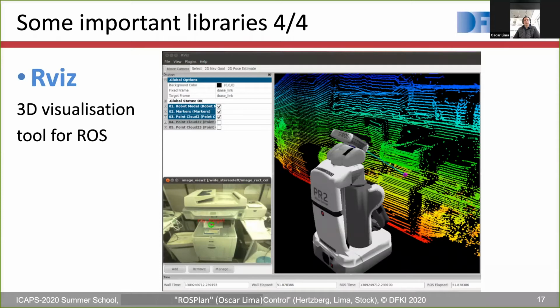So you could actually draw things on this GUI. You can draw a box, a line, or points. And you can there visualize the sensor data that is coming from your robot, such as laser scanner data.